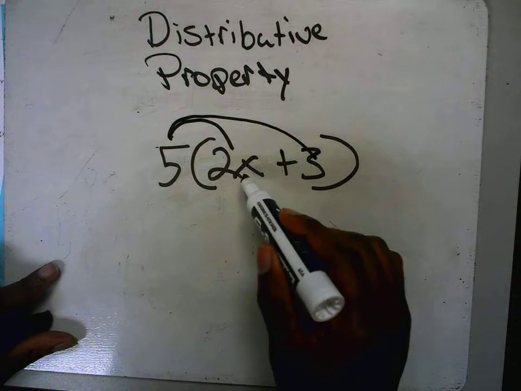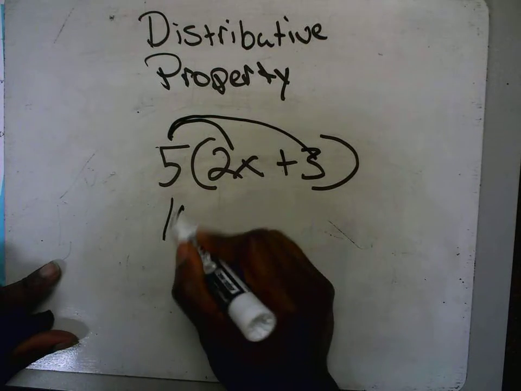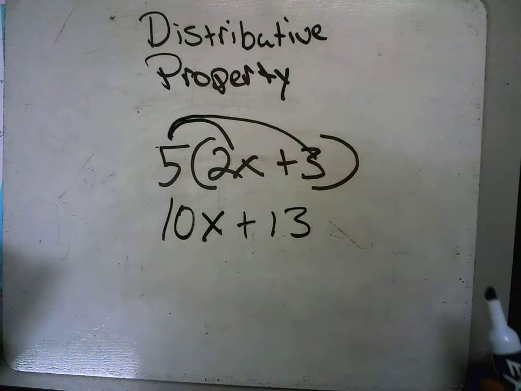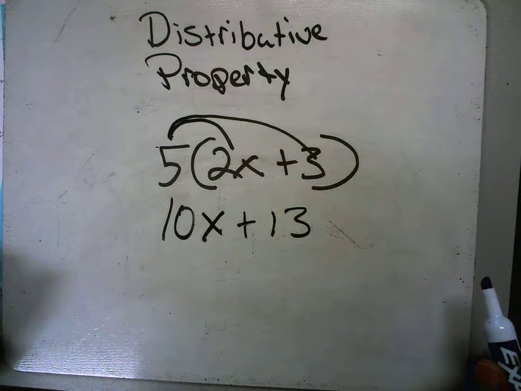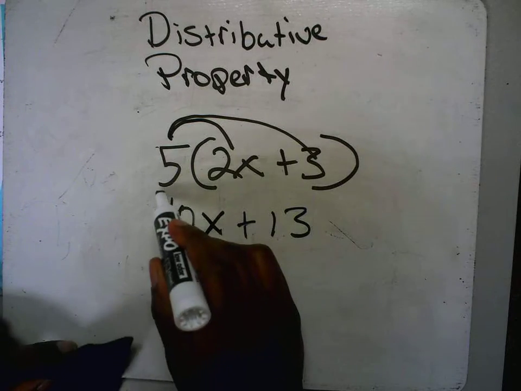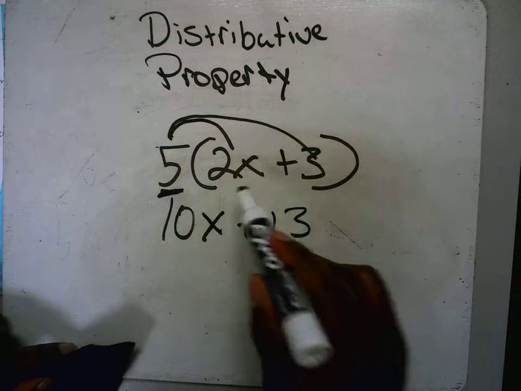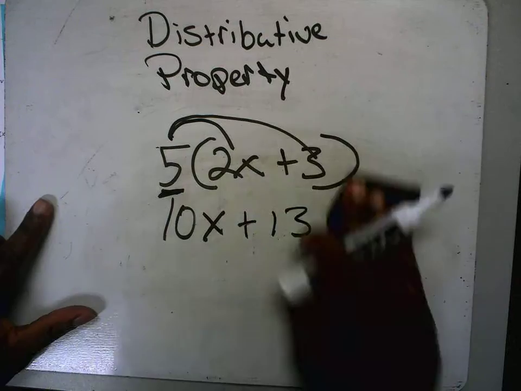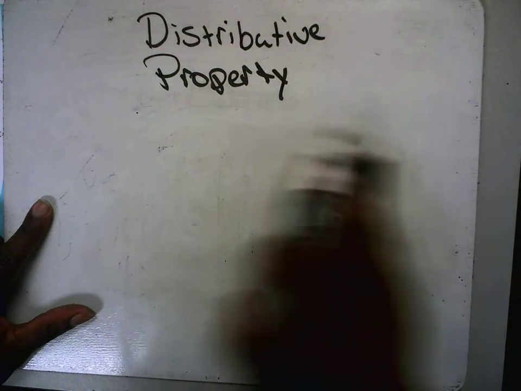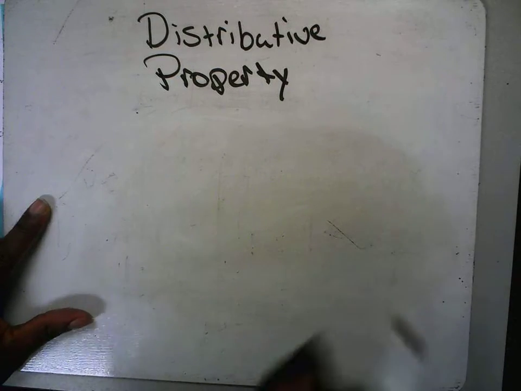Well, 5 times 2x gives me 10x. 5 times 3 gives me 15. There you have it. That is the distributive property. You take the number outside of the parentheses and you multiply it by each number inside of the parentheses. Let's go through a couple more problems just to hash out any details we might need to.